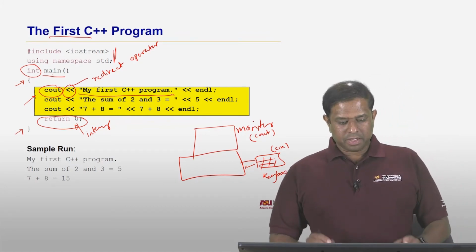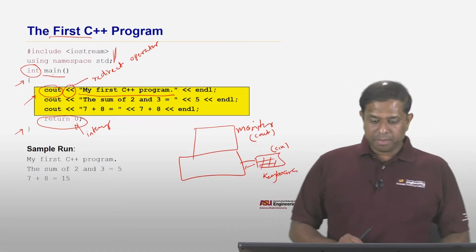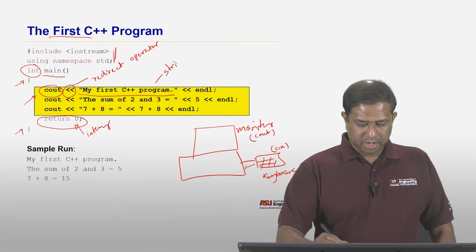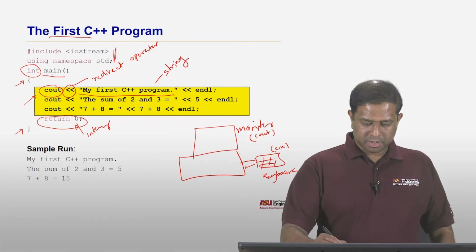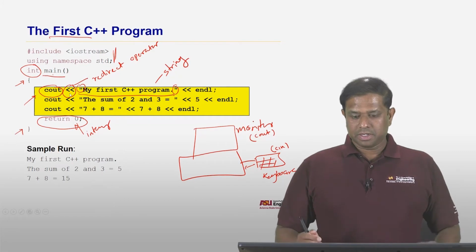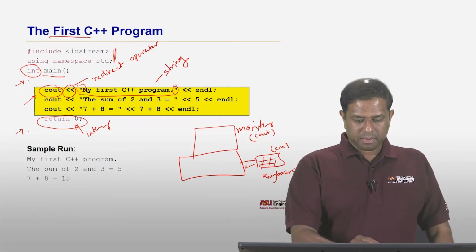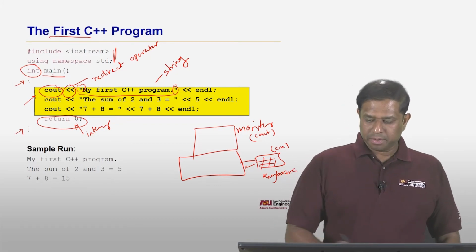My first C++ program is a sentence. In the programming world, a sentence is called a string. If I am sending a string to the monitor, we need to represent those strings using double quotes. That essentially is saying send the sentence my first C++ program to the monitor.